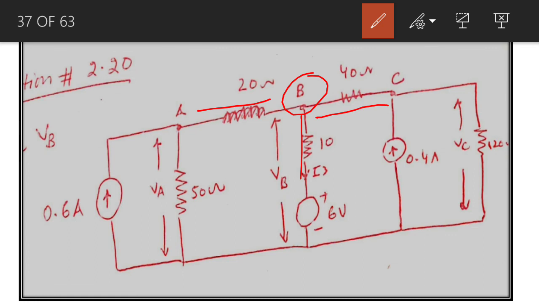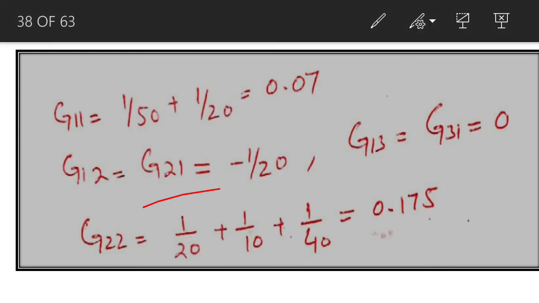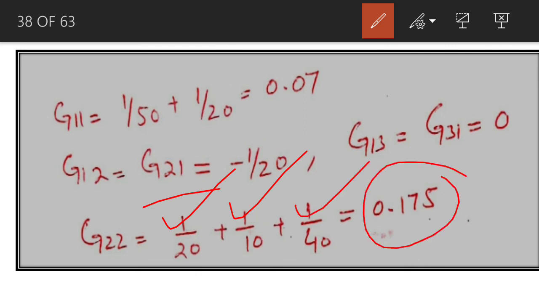So G22 is 1 over 20 plus 1 over 10 plus 1 over 40, which is 0.175 mho.